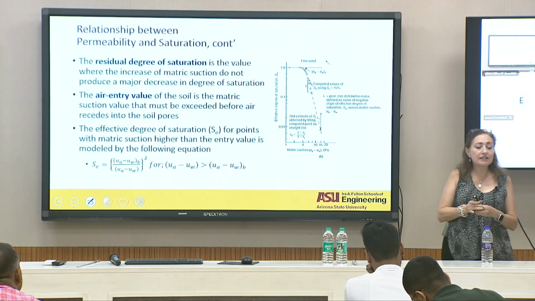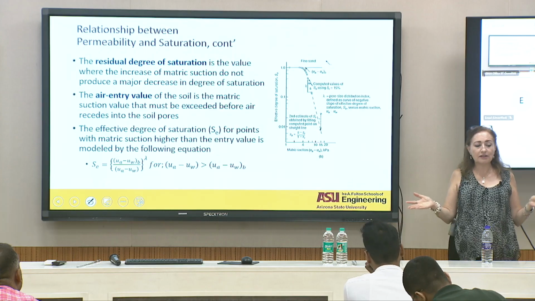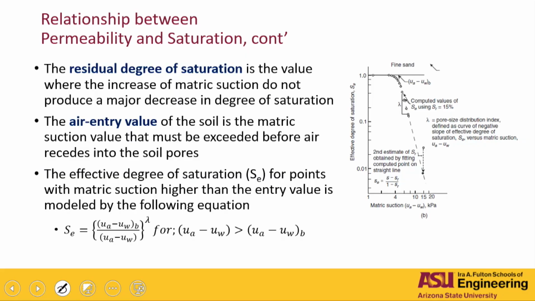Okay. So the residual degree of saturation, you already saw, is the value where an increase in matrix suction, previous slide, does not produce a major decrease in the degree of saturation. The second, the air entry value, is the matrix suction value that must be exceeded before the air starts receding into the air pores.